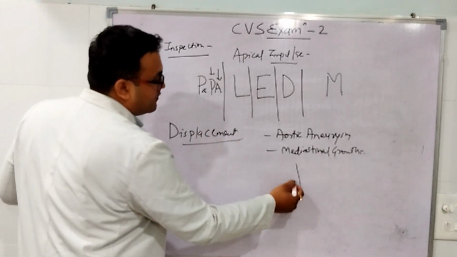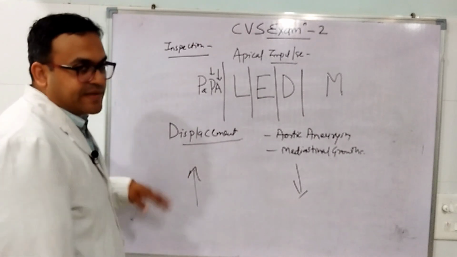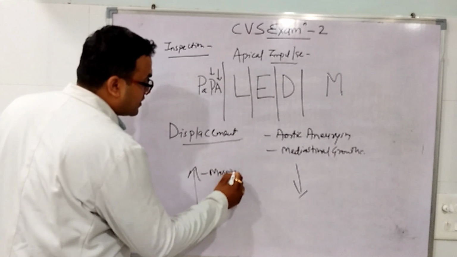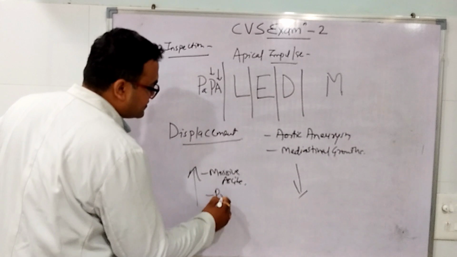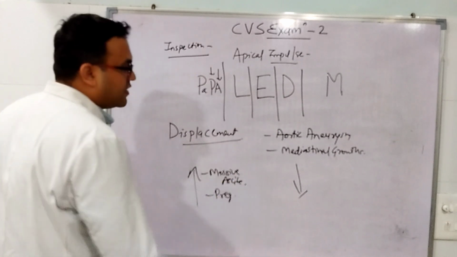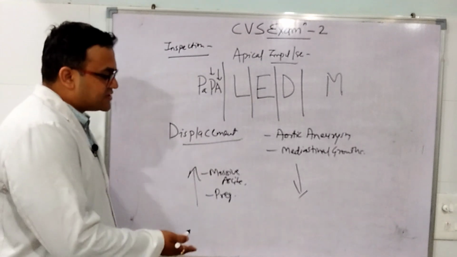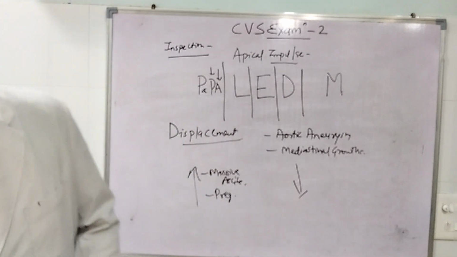What are the causes of upward displacement? Upward displacement is seen in massive ascites, advanced pregnancy, or a very large intra-abdominal tumor. So these can cause upward displacement of the apical impulse.